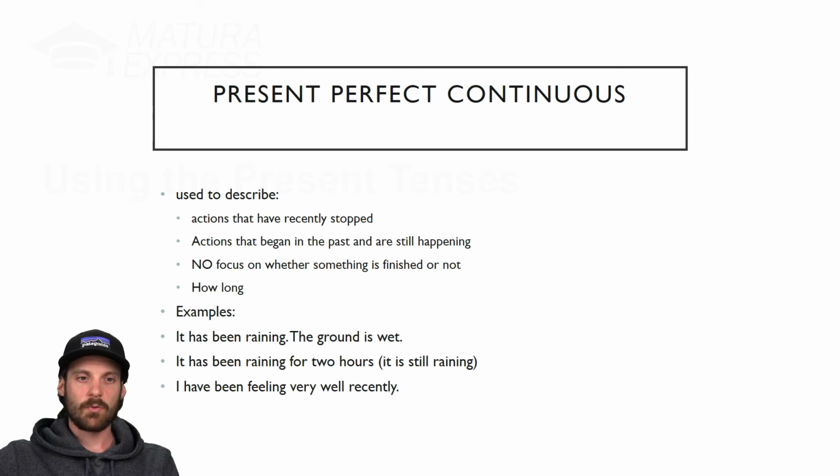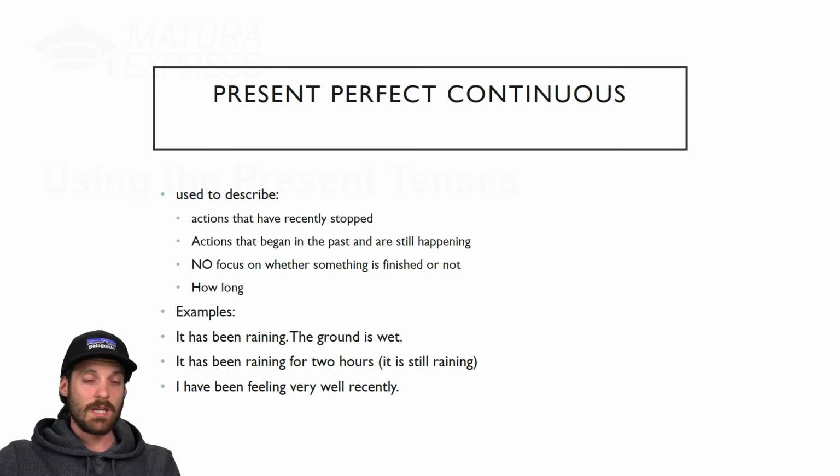Okay, present perfect continuous. Used to describe actions that have recently stopped, or actions that began in the past and are still happening. Of course, that's quite similar to the simple present perfect.